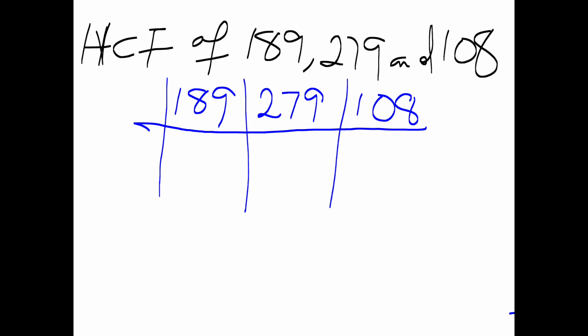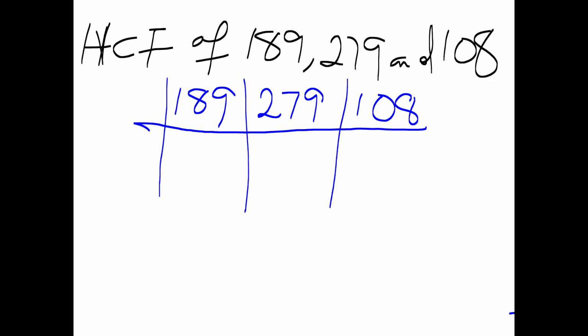So starting from the least number to divide through without remainder, can 2 divide 189, 279, and 108? Can 2 divide them? No. So since 2 cannot divide these 3 numbers at the same time without remainder, we look at the next number, which is 3.